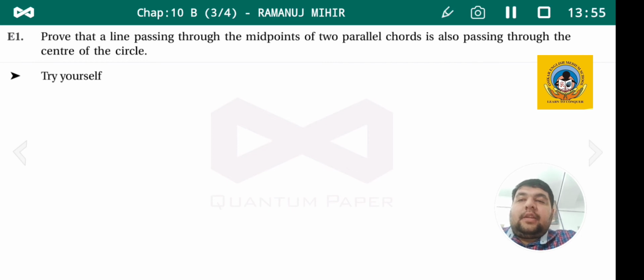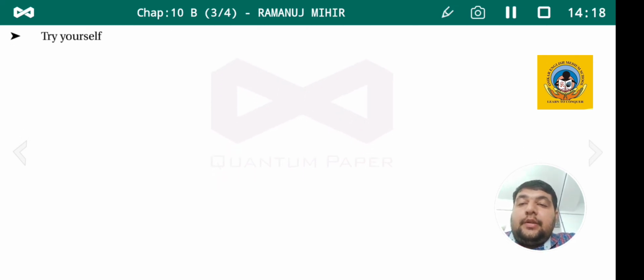Now question number 3. Prove that a line passing through the midpoints of two parallel chords is also passing through the center of the circle. I am just explaining the figure right now for this one. You have to write some arguments. So see, what is the statement?